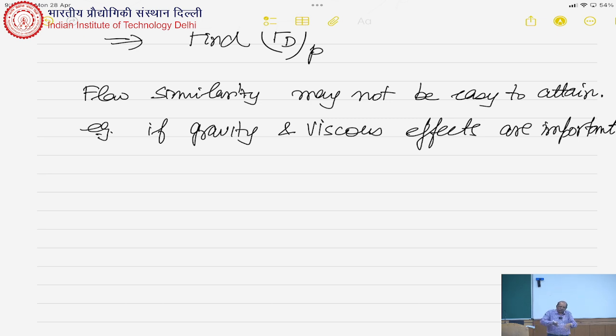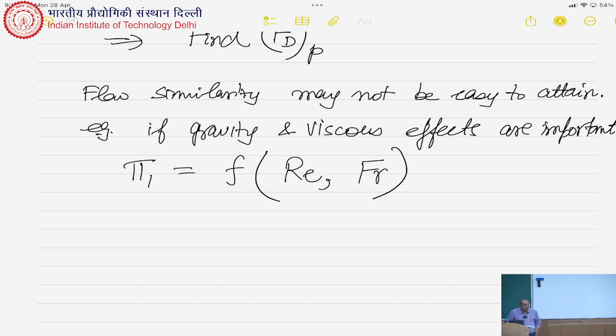I'm still forgetting about the material of the sphere, etc. If suppose both gravity and frictional effects were important, then what you would have got would be a function of two numbers. If gravity effect is also there, you will get one more number, which will eventually boil down to the Froude number if you use the proper variables.